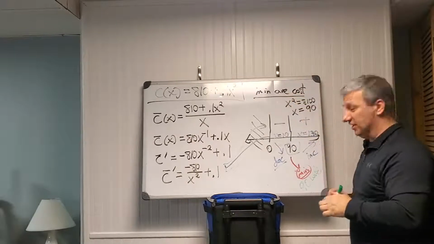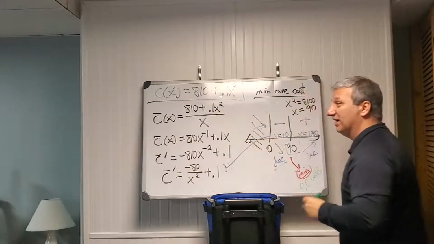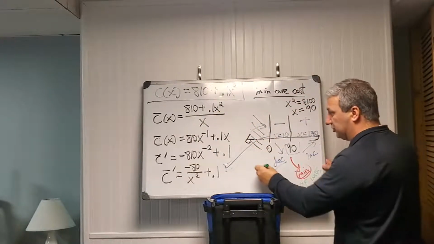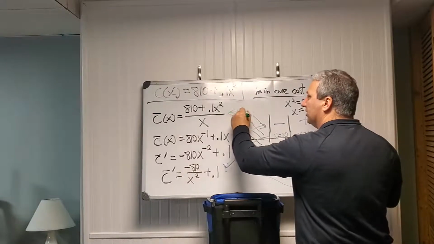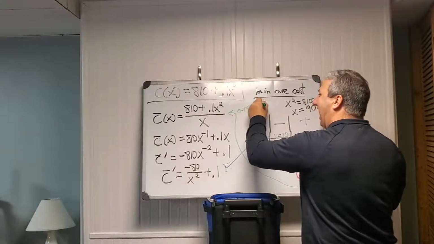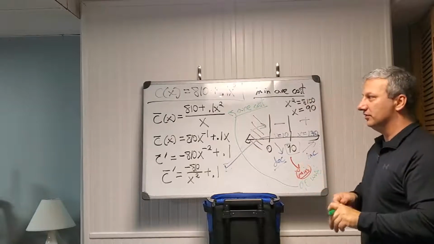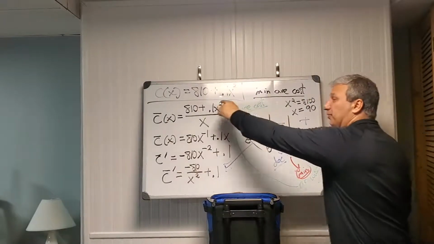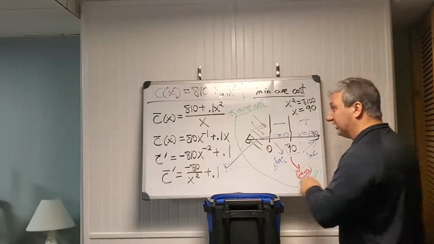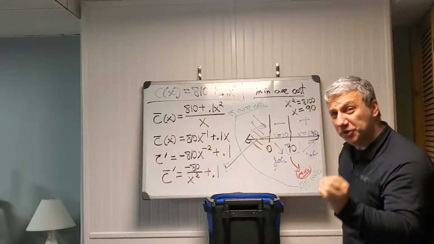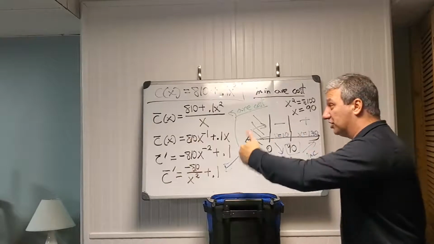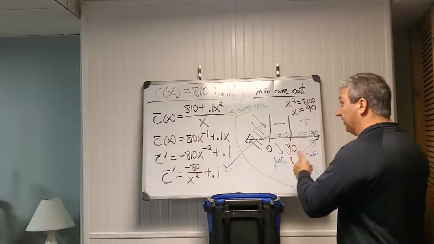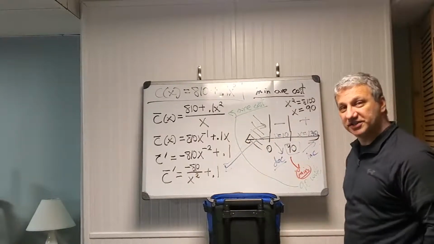So I need to plug 90 back into there, and that'll give you your actual average cost. That's the minimum. 90 units is what you should buy. The cost per unit you're about to find. When you plug 90 into there, you'll get your cost per unit. That is your best average cost in this situation, because it'll be the minimum average cost in this situation.